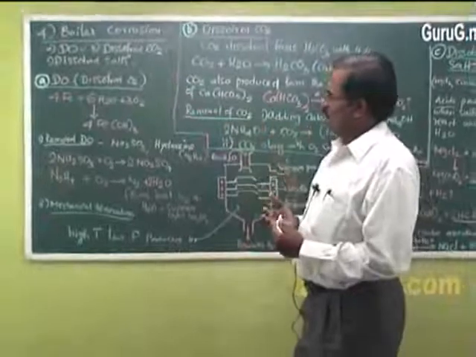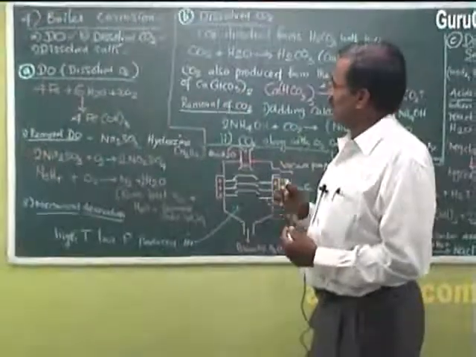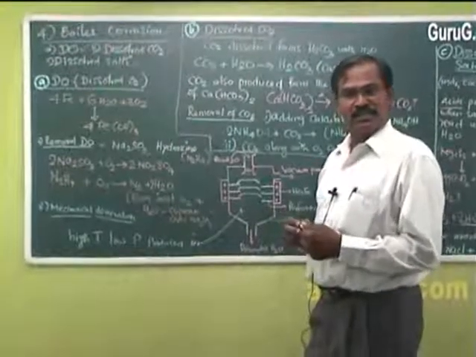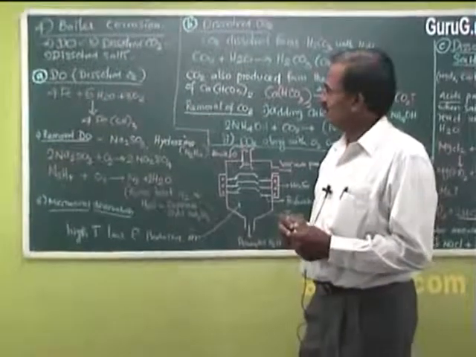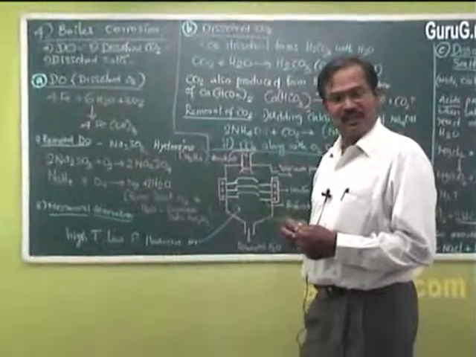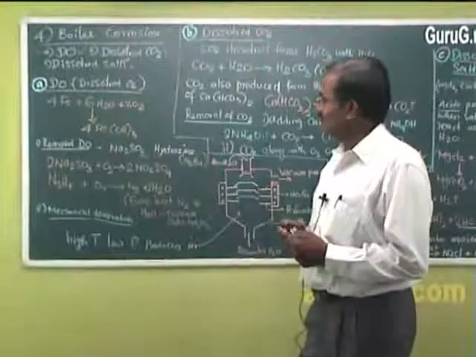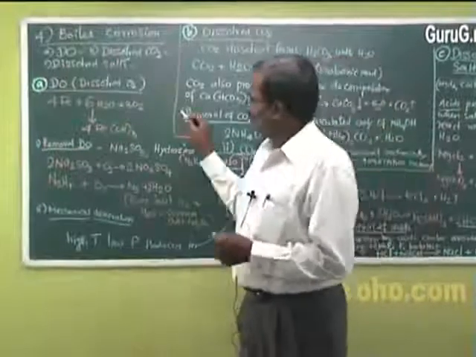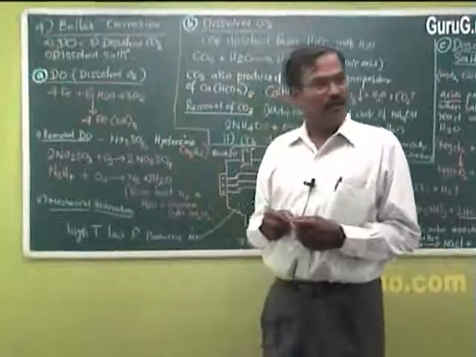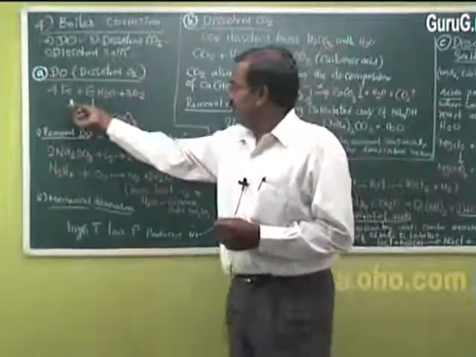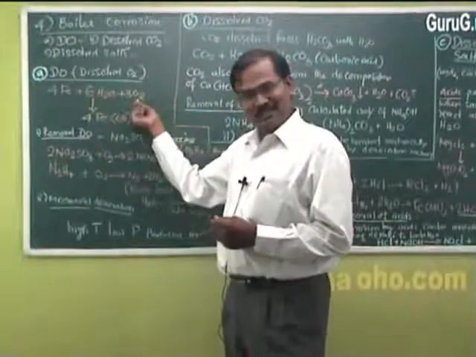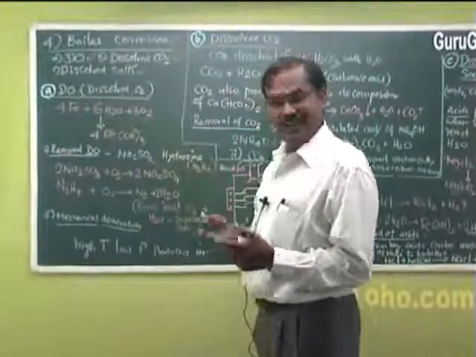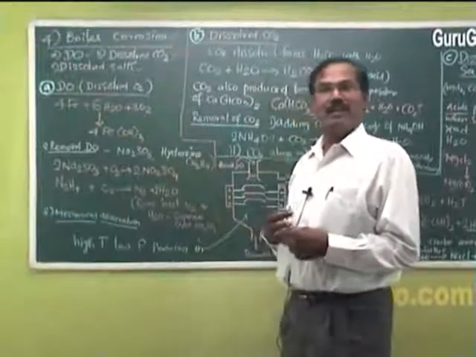First, let us see how dissolved oxygen is responsible for boiler corrosion. Corrosion is an oxidation process. If there is oxygen and moisture, metals will readily react to form the respective compounds. Here the boiler is made up of iron, which reacts with oxygen in the presence of water, forming iron hydroxide, that is, the boiler is getting corroded.